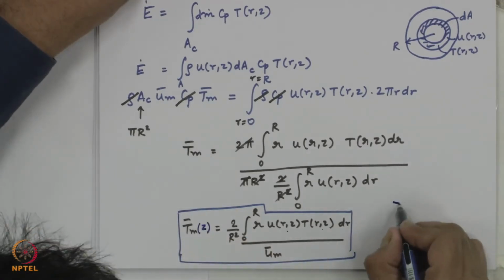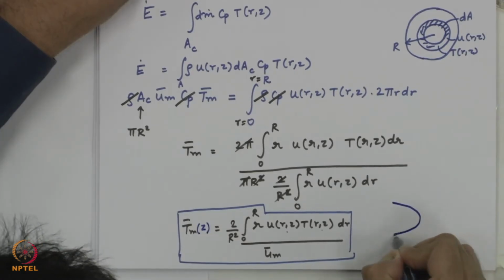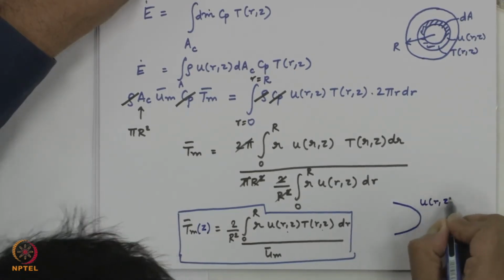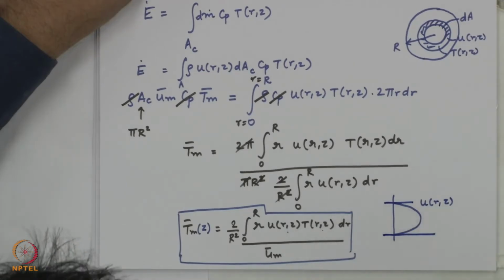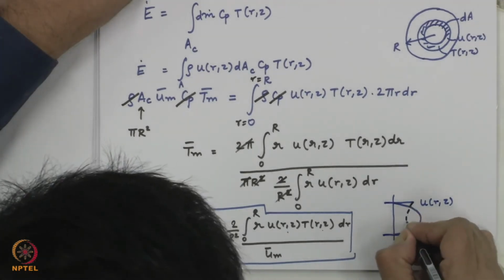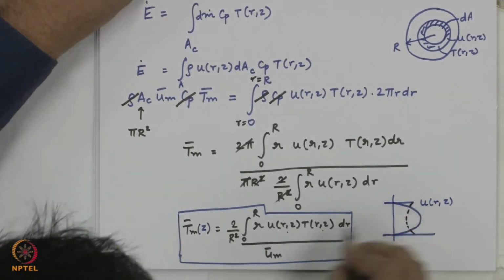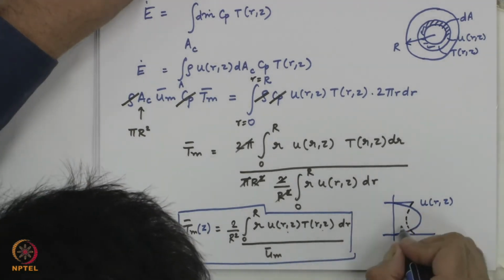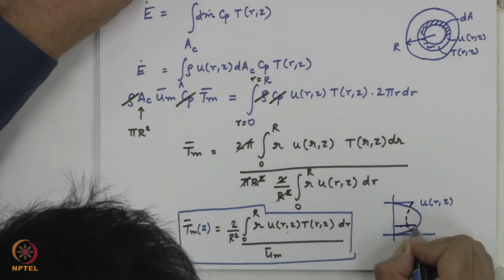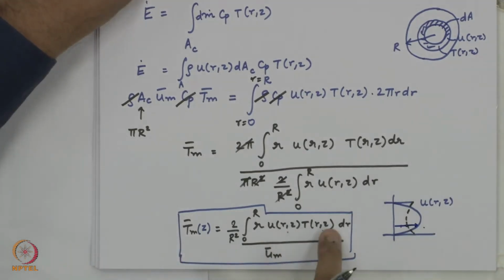I have a velocity profile u of r comma z. I have a temperature profile which is given by this. The product of this is u into T. So, at every r, z location, I take the velocity, I take the temperature, multiply that by r and integrate.